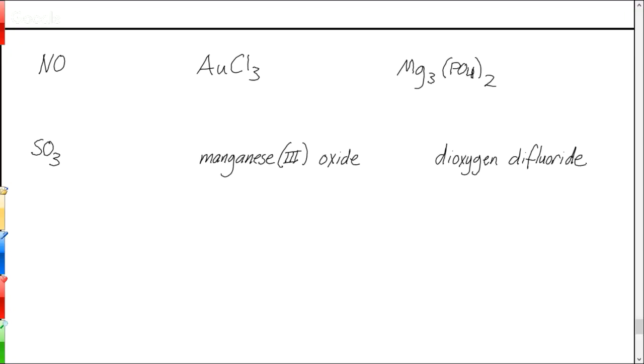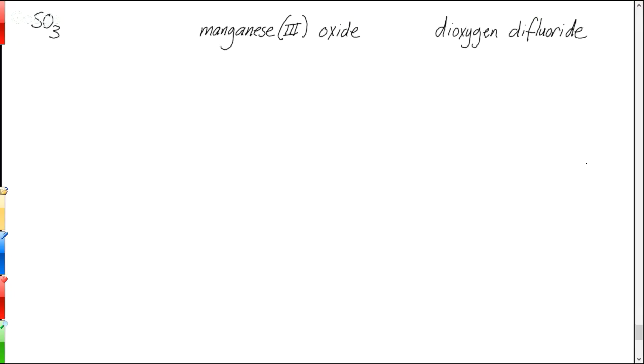So what is that? Let's make ourselves a little flow chart. We can always think about these things the same way. The first question we always ask is, ionic or covalent?